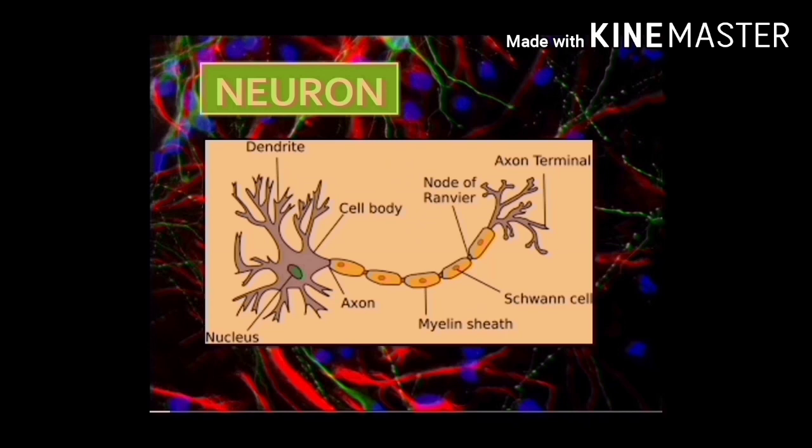There is another extension of the cell body which is known as the axon, which ends into axon terminals. The axon terminals consist of synaptic vesicles which store the neurotransmitters, which actually help in transmission of the impulses from one neuron to the other neuron, or from one neuron to the effector organ, gland or muscle.